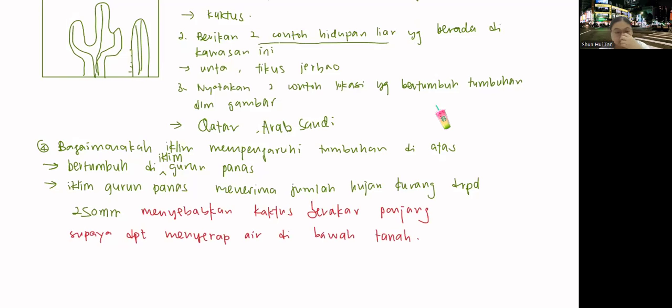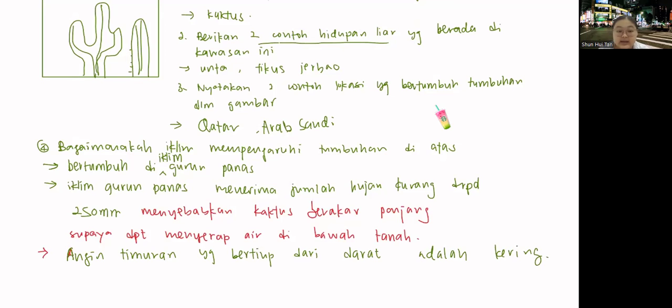Of course, you can also talk about the angin, right? They have angin timuran. In the east of the Arabian land. So you can say yang bertiup dari darat adalah kering, very dry. No rain, very dry. Okay, this is how you get the answer.